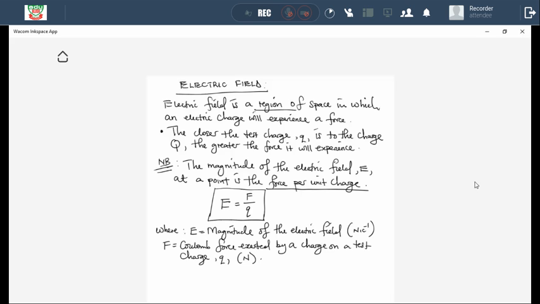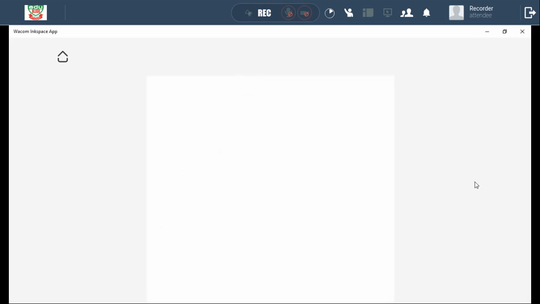Then finally, our q represents the test charge, which is measured in coulomb. So this is the first formula that we can use to calculate electric field. If you are given the Coulomb force and the charge, then you can calculate the electric field.